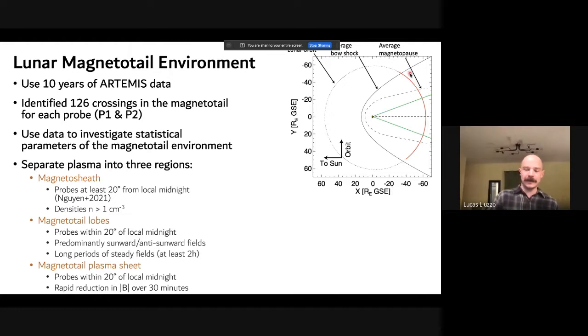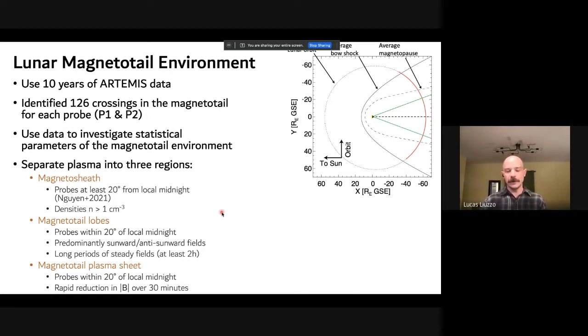You see that on average, the magnetopause is always located beyond that 20-degree range. So this is a good way to exclude any type of magnetospheric plasma and restrict ourselves to the magnetosheath. We also require that the average density is over 1 ion per cubic centimeter, again just making sure we're not pulling out data from the lobes or from the plasma sheet.